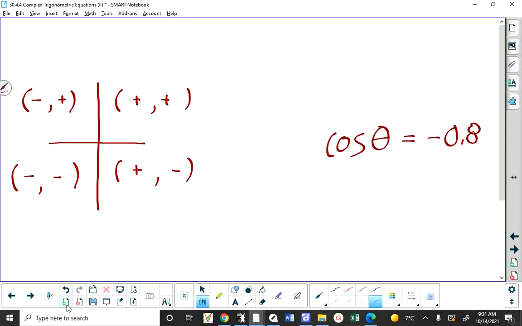Okay, just as an example. And you know how to find the reference angle, and I'm just going to talk about degrees. You would put your calculator in degree mode, and the reference angle would be the inverse cosine of the 0.8. So we don't look at the negative, right? So let's figure out what that reference angle would be.